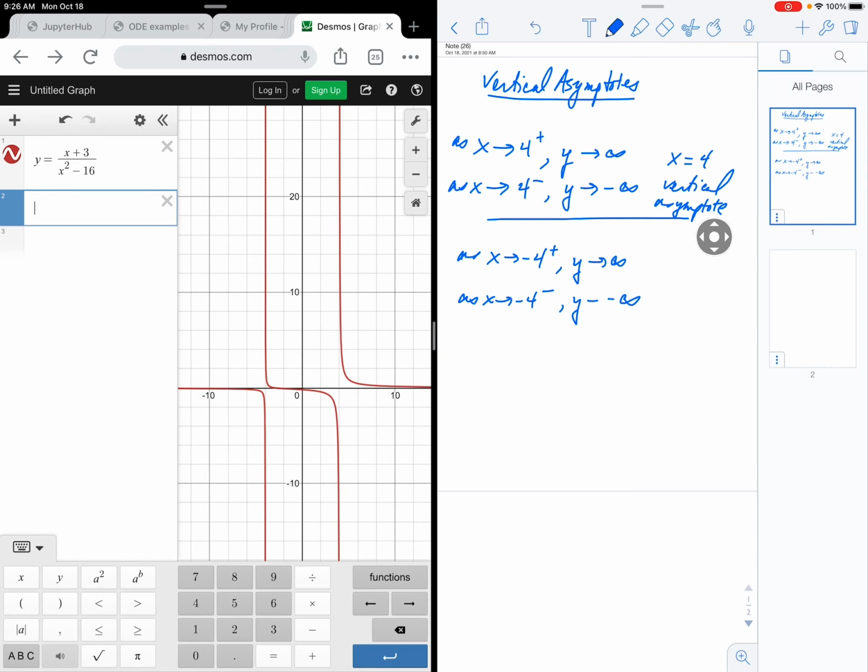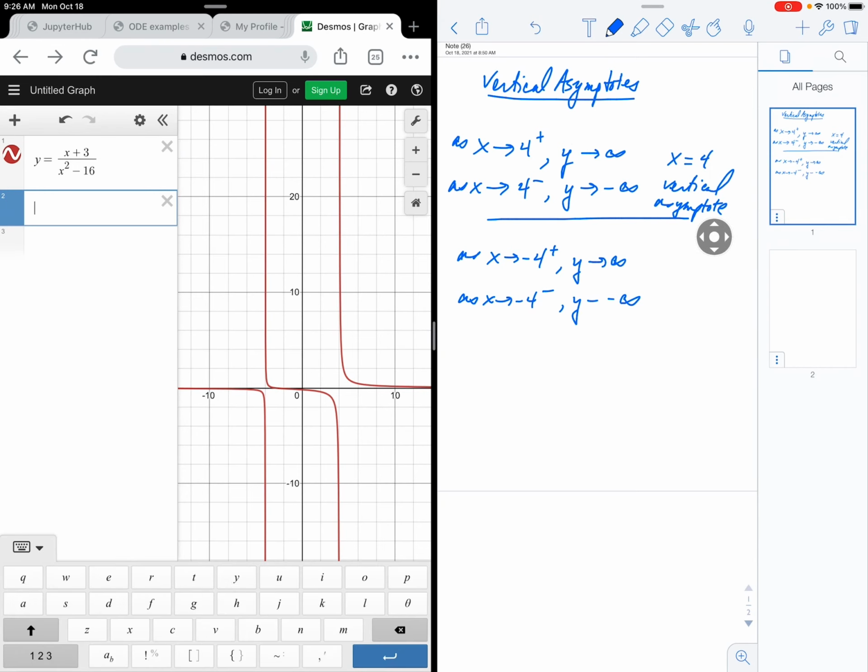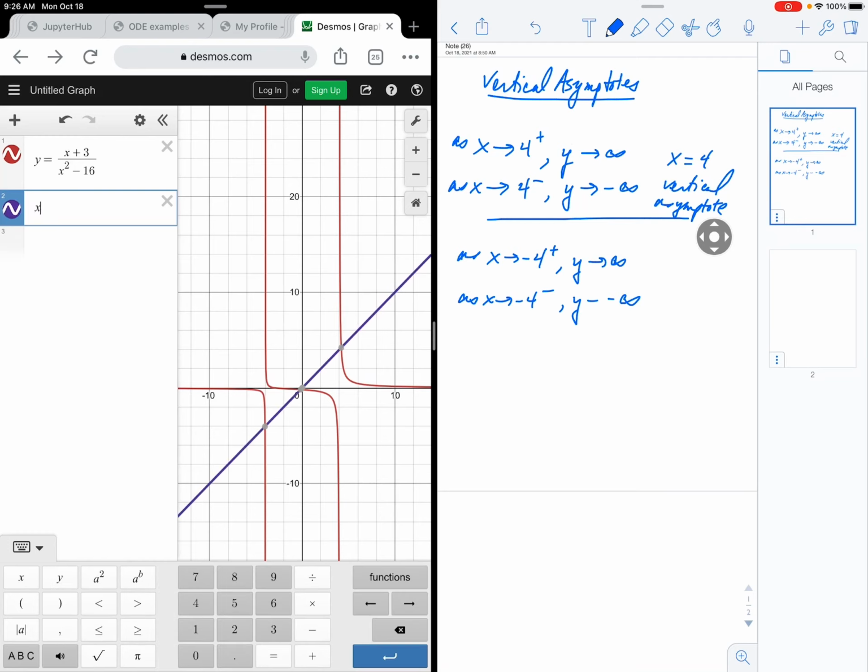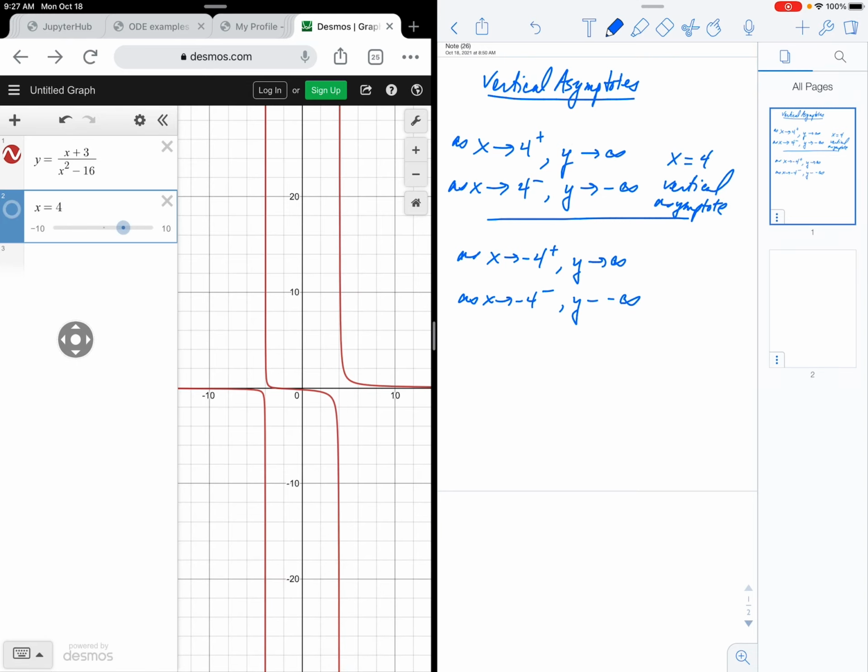So if I type in the line x equals 4, I can see that's a purple line here, and that is the vertical asymptote. Now it's not on the graph, it's just a visual to help us. This is the graph, and that is the vertical asymptote.